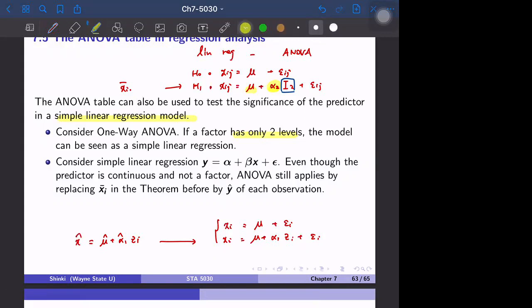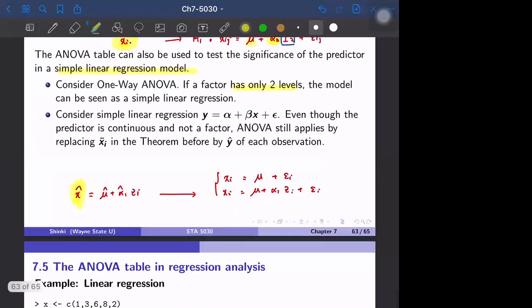So we have to replace this estimate. Remember that the sum of squared residuals includes x_i bar dot, but here we replace x_i bar dot by x hat. In this way, we can apply the ANOVA table theory to simple linear regression.